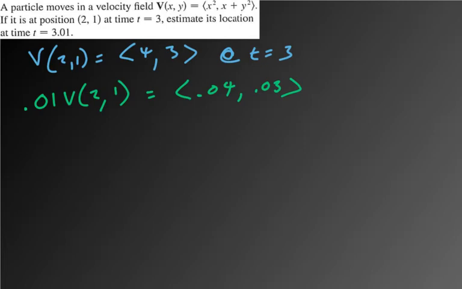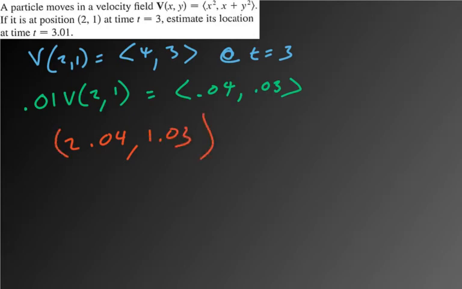Because you've basically just scaled the velocity field by that amount. And so it's kind of a measurement of how much more you've moved. And so its new location would basically just be 2.04 and 1.03.